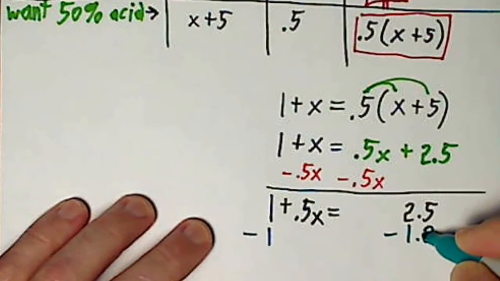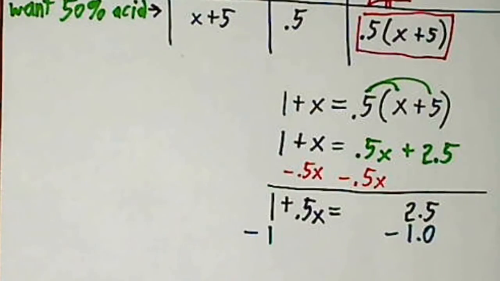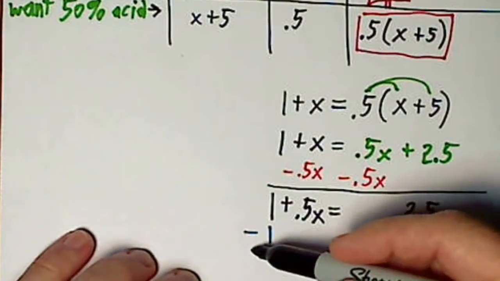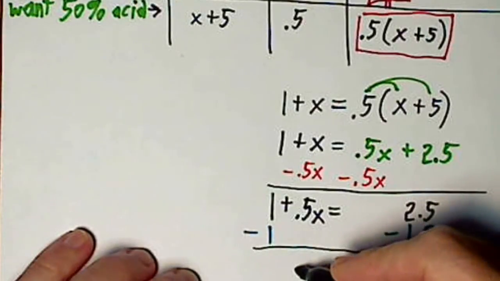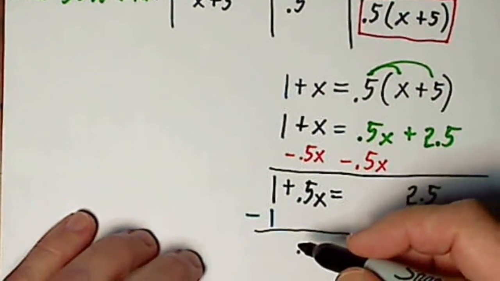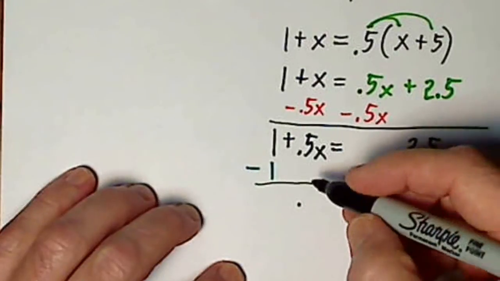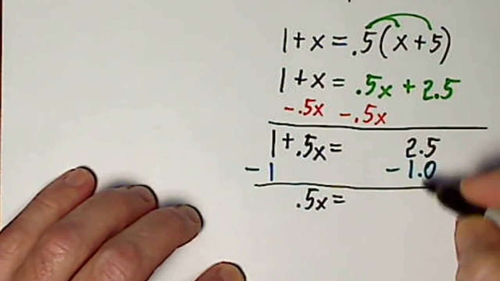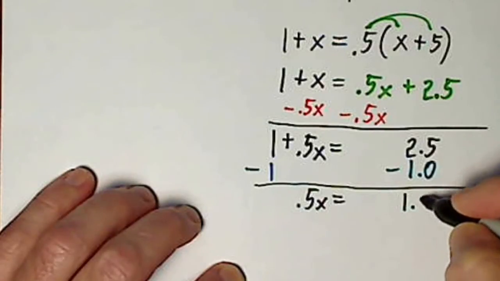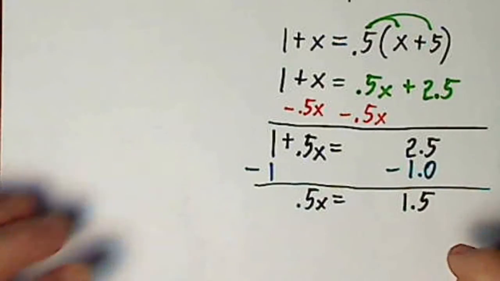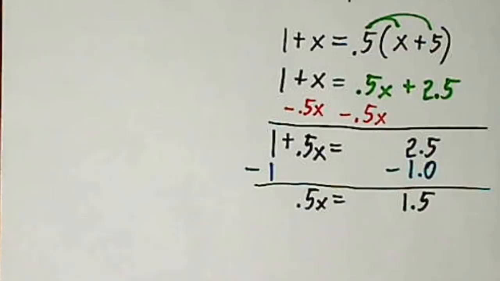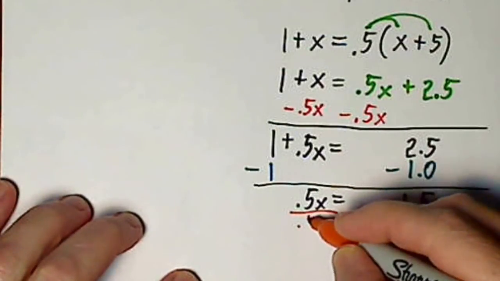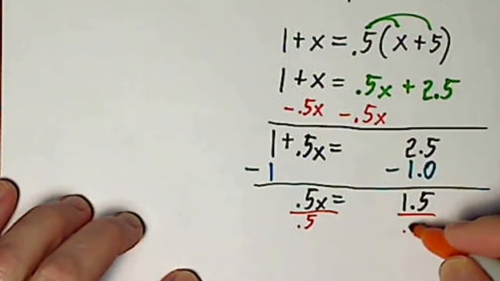That's really 1.0. And now one more thing, we have to get rid of this 5/10, so we'll divide by that.